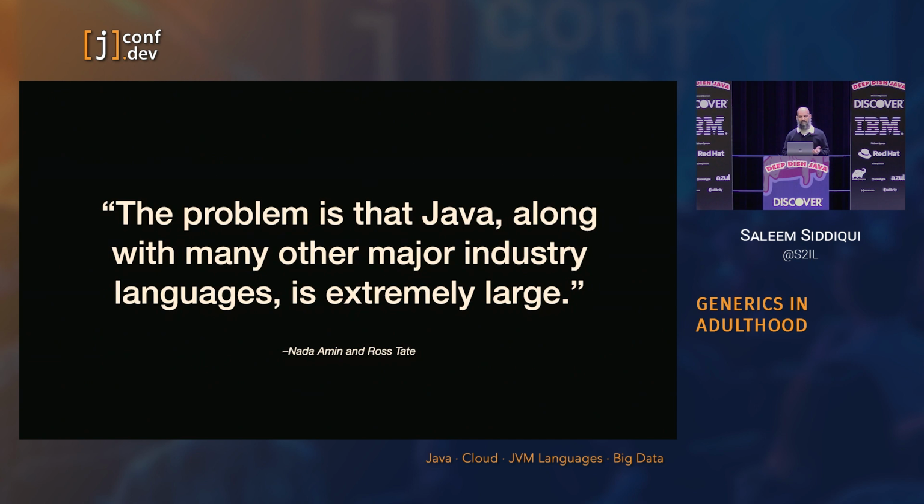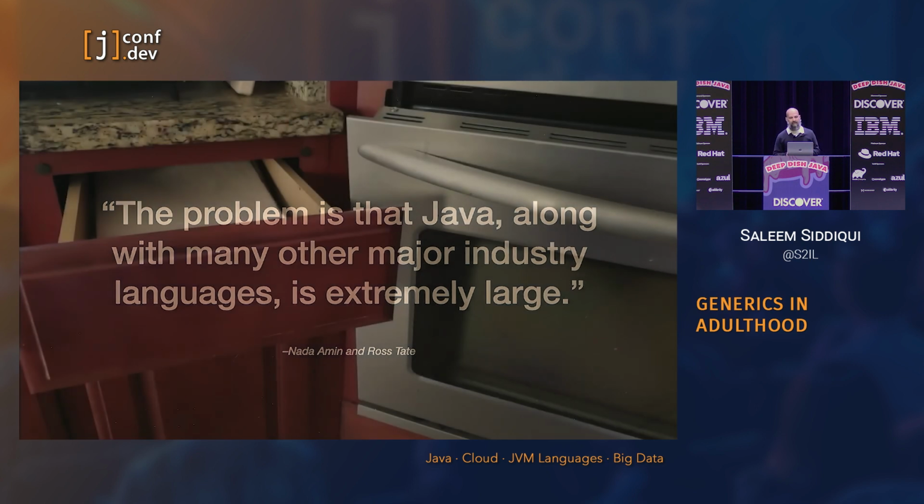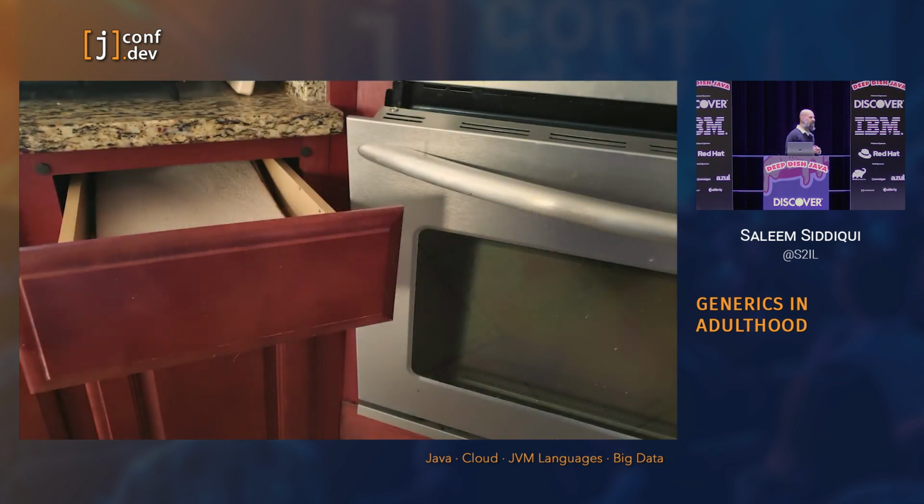Now, why is this? You can try this with anything with many features. This is a picture from my kitchen. When I open this particular drawer, I can't open the oven door. Anything with a lot of features, you'll see this interplay between features that makes them impossible to use together.